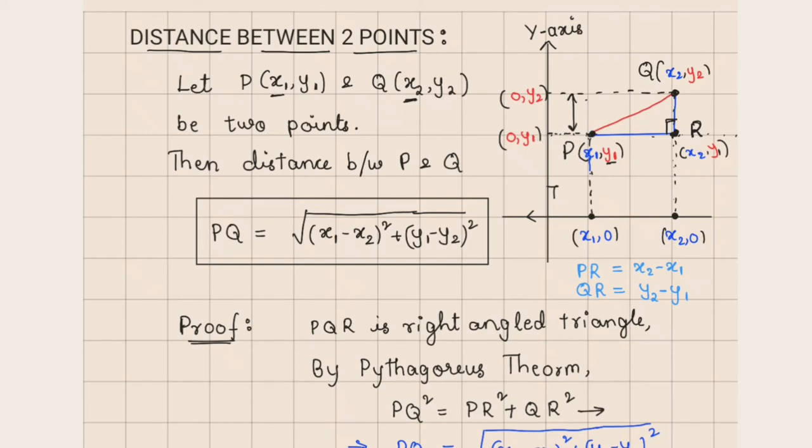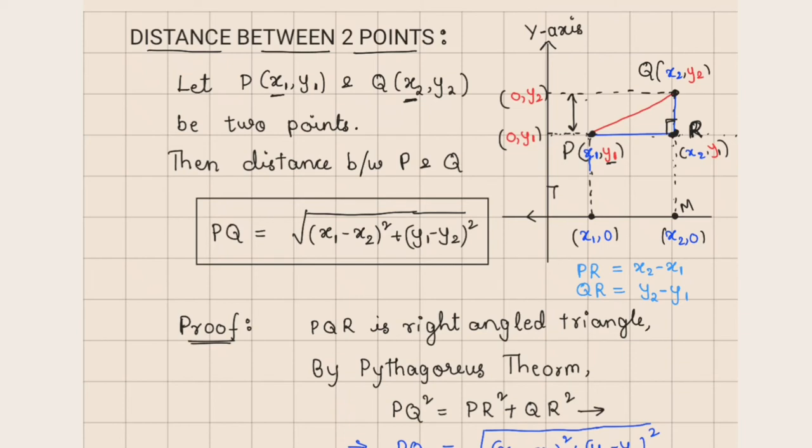Now I draw a perpendicular from P to the QM. So the intersection point is let's say R. So the R point, its x coordinate is x2. Similarly, its y coordinate will be y1. So it will be x2 comma y1. Now we got a triangle PQR, which is a right angle triangle at R.